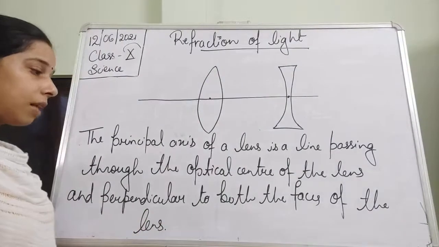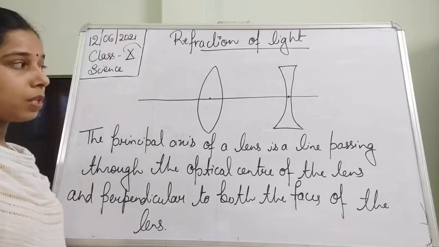A line which passes through the optical center and is perpendicular to both the faces.